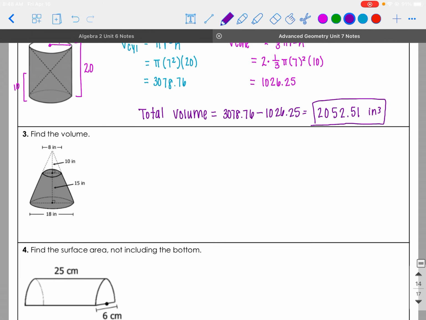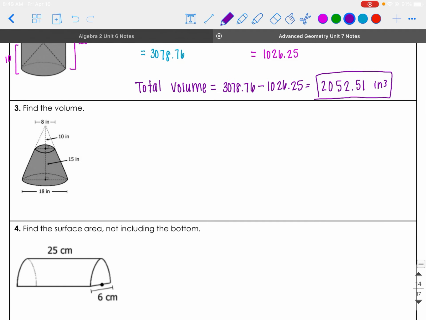All right, next one. So this one looks like we have one big cone and we've chopped off or taken off a smaller cone. So we're going to need to find the volume of the large cone first, and then the volume of the smaller cone that was cut off, and subtract. So the large cone has a height of what? Well, 15 and 10 make 25.